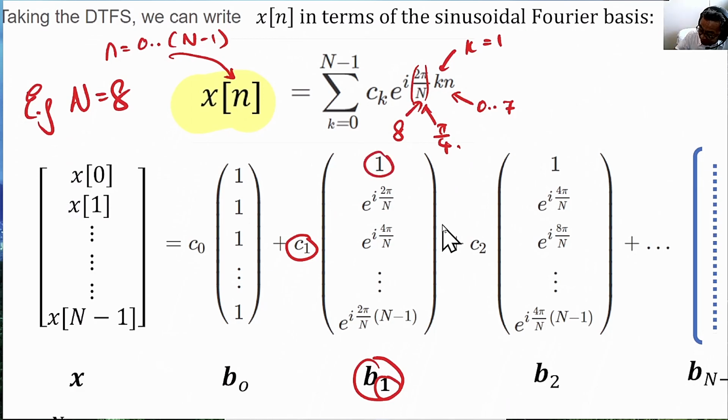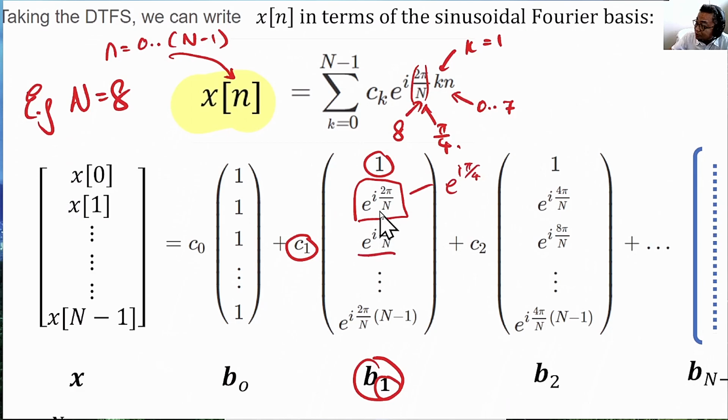So the first one is e^{j pi/4 times 1 times 0}, that's why it's 1. The second one is e^{j pi/4 times 1 times 1}, so that's why it becomes e^{j pi/4}.